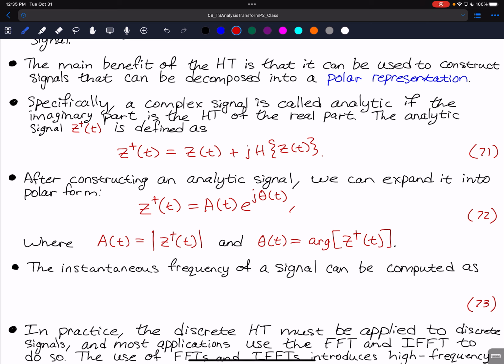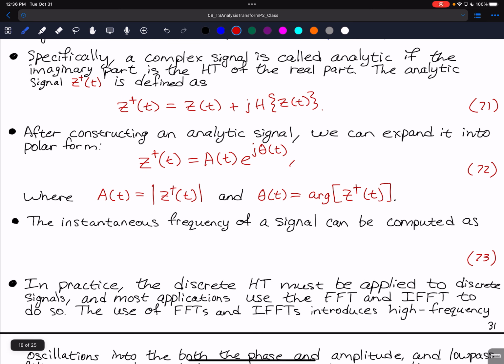So we can do this polar representation of the signal itself, where we have some instantaneous amplitude and some instantaneous phase. And then we can go and compute an instantaneous frequency, which we'll just say is omega(t). That's simply d theta/dt, just simply the time derivative of the phase.